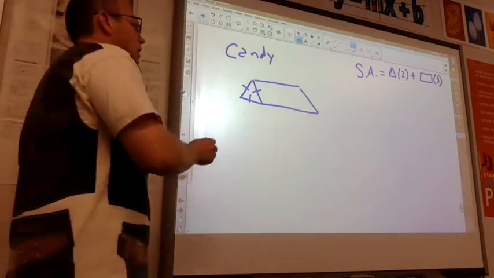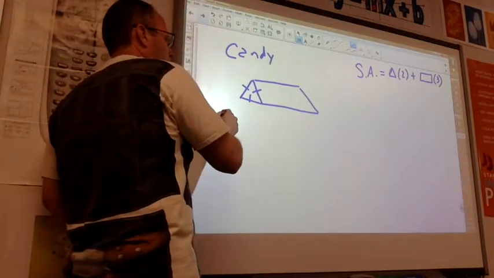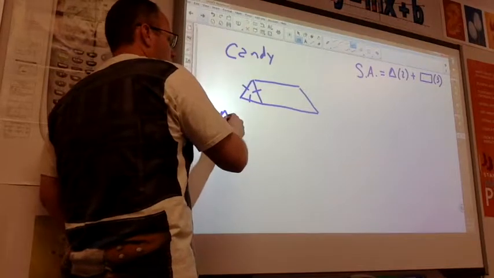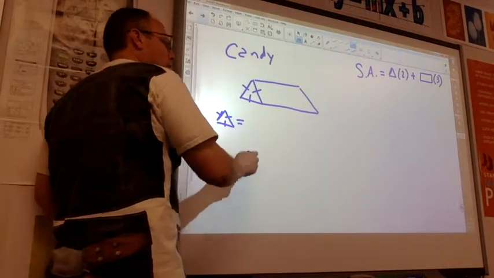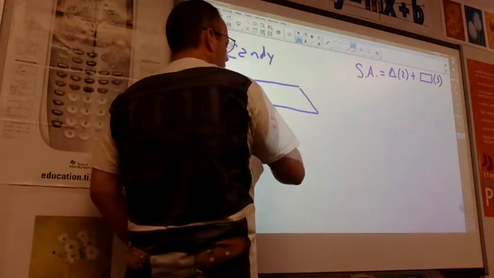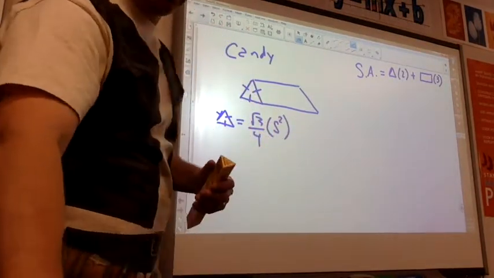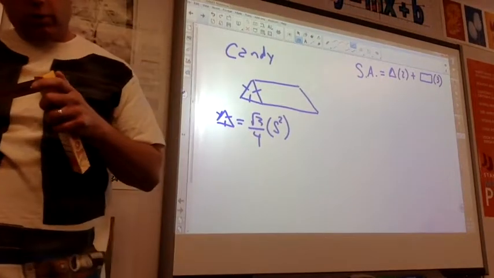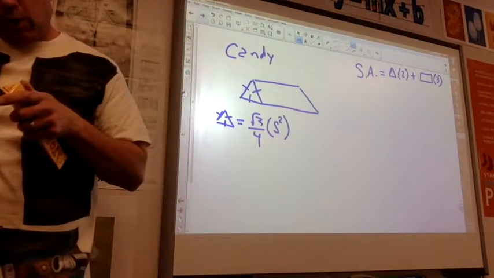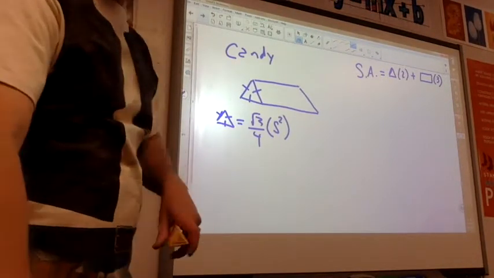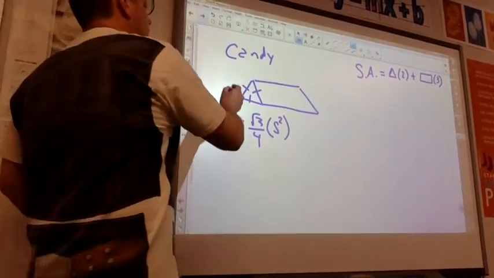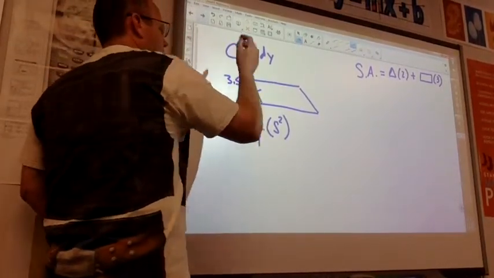The equation for an equilateral triangle is root 3 over 4 times the side squared, right? Centimeter seems good to measure this in. This would be 3.5 centimeters, so all the way around is 3.5.